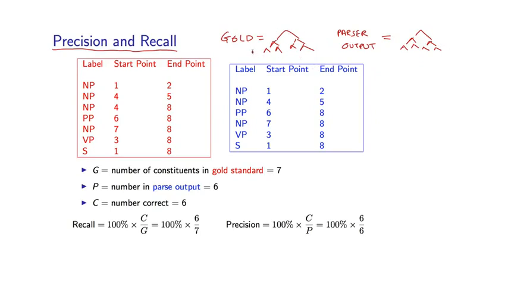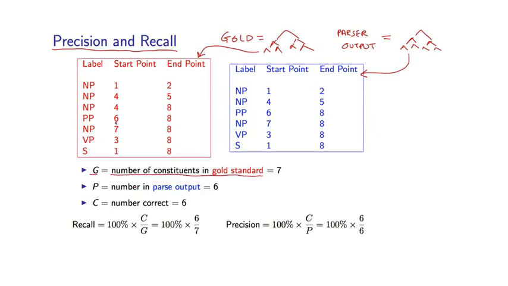So both of these trees can be mapped to the representation I just described, so they can be represented as a set of constituents, where again a constituent consists of a label, a start point, and an end point. Now we can define various numbers. I'll define G to be the number of constituents seen in the gold standard tree.